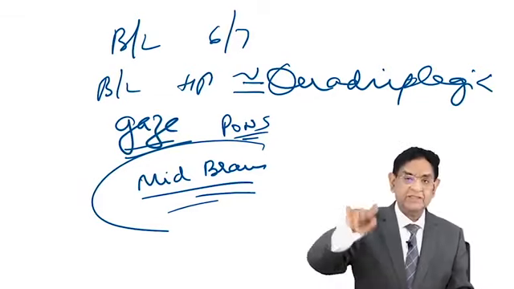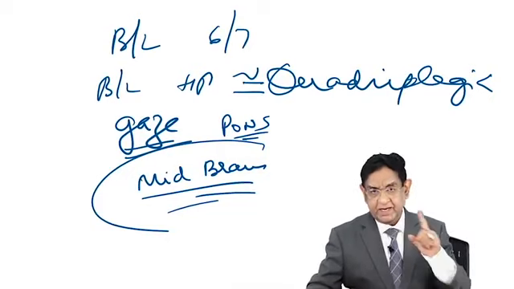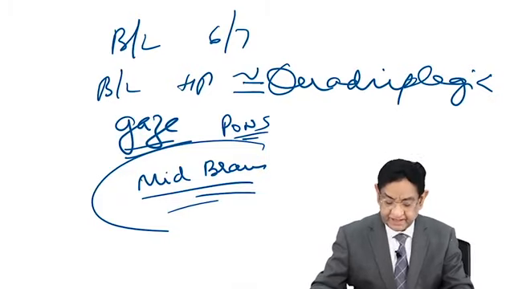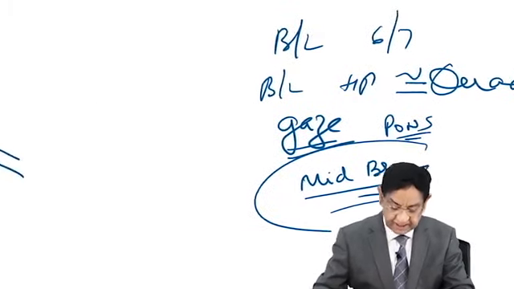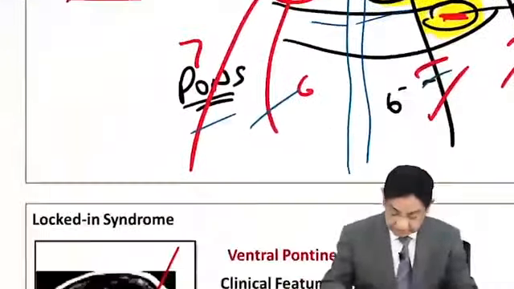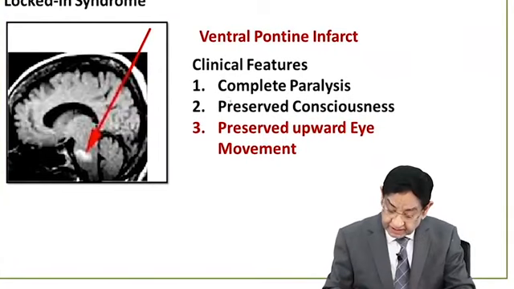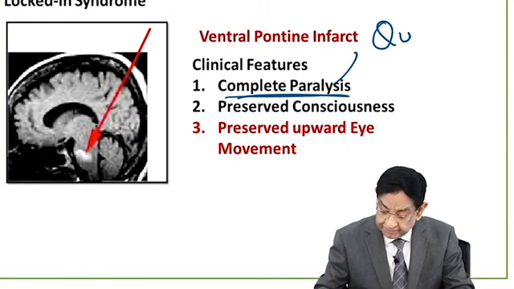So locked-in syndrome occurs due to what? Basilar artery. And Millard-Gubler occurs due to anterior inferior cerebellar artery. Okay, so you are clear about locked-in syndrome also. Locked-in syndrome: complete paralysis, that is quadriplegia.